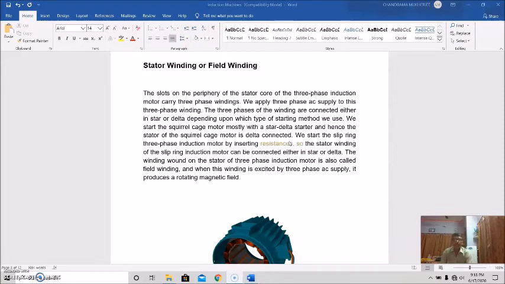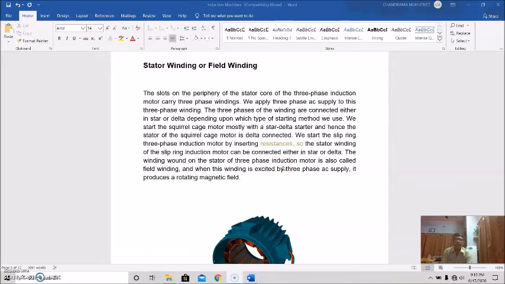The three-phase ends of the windings are connected either in star or delta, depending upon which type of starting method we use. Mostly to start a squirrel cage motor, a star-delta starter is used, and hence the stator of the squirrel cage motor is delta connected to enable the use of a star-delta starter.